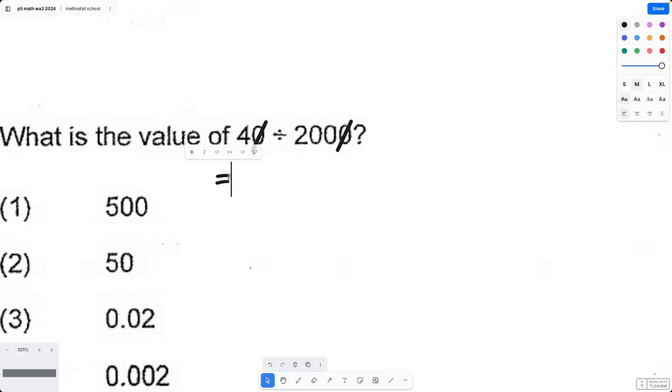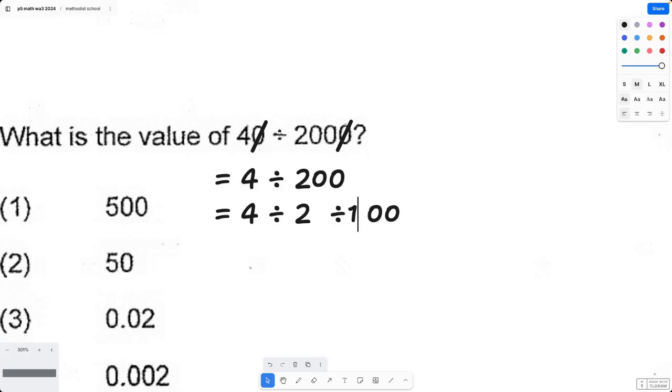So this will become 4 divided by 200. This is the same as 4 divided by 2 divided by 100, because 2 times 100 is 200, so it's divided by 100 as well.